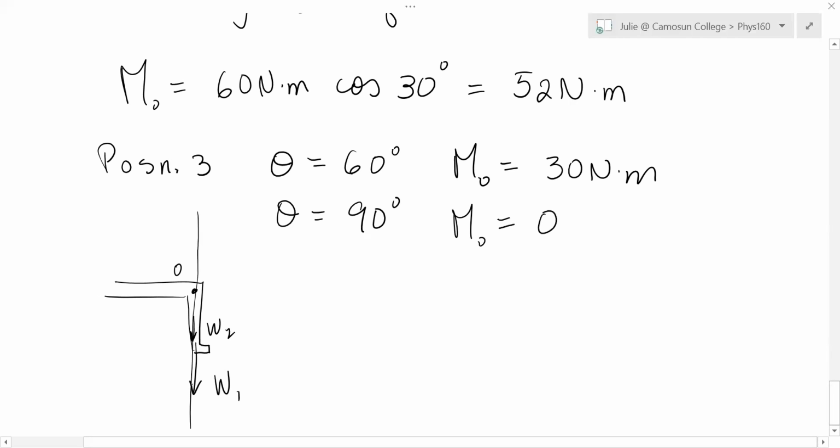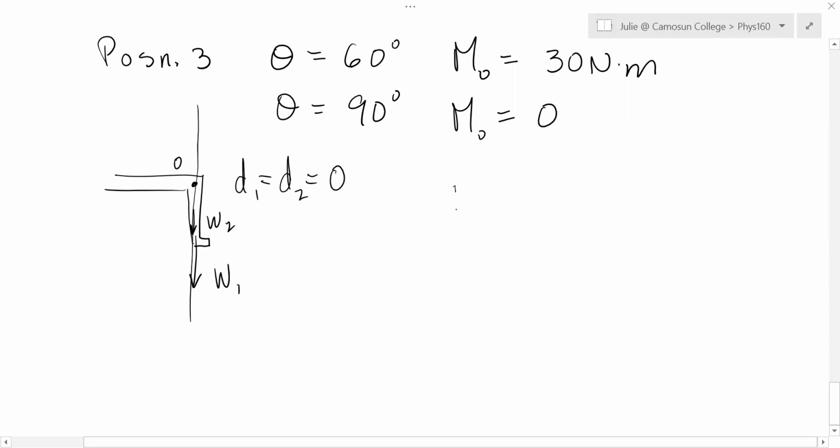It's not because the forces aren't anything, and there still is obviously a force on your knee, because it has to hold up your lower leg, but there's no torque here. So the torque here is 0 because D1 equals D2 equals 0, because the line of action goes through the joint.